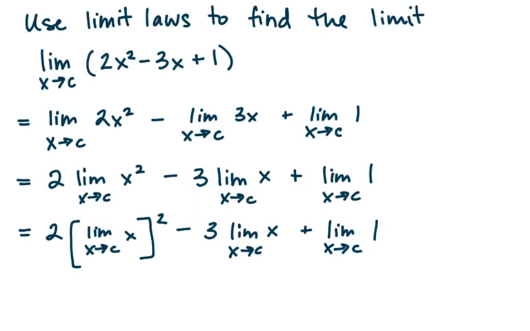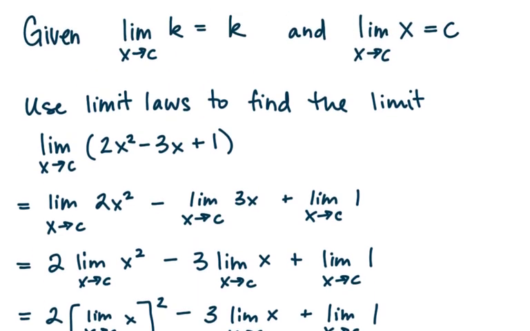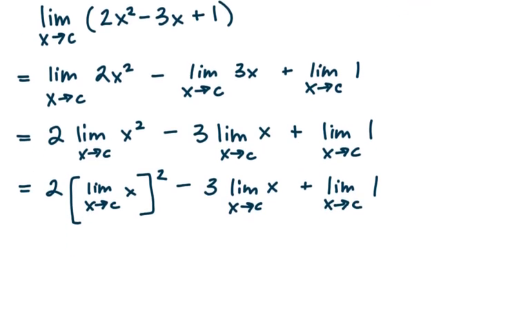All right, by our rules that we stated up here, the limit of a constant is just going to be equal to the constant, and the limit as x approaches c of x is going to be equal to c. So I'm going to apply that.